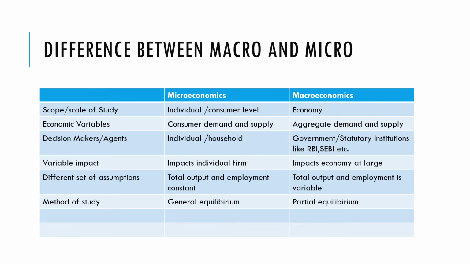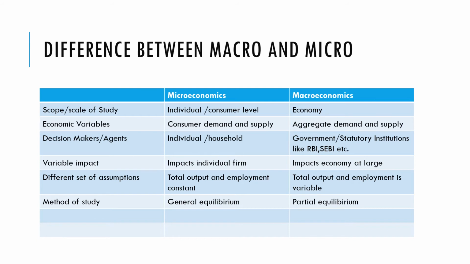Second point, economic variables. In case of microeconomics these are consumer demand and supply, whereas in case of macroeconomics, it is aggregate demand and aggregate supply. I have already explained aggregate demand and supply in the previous slide. The decision makers or agents in case of microeconomics are individuals, that is households or firms.